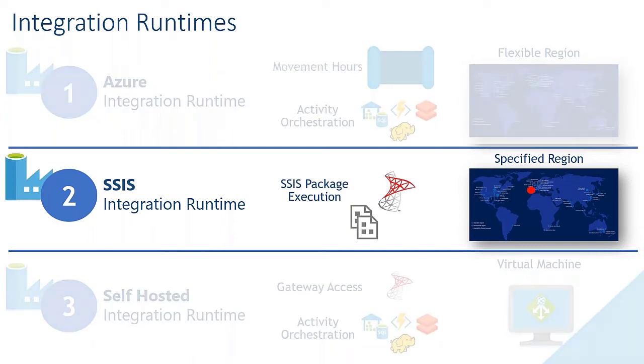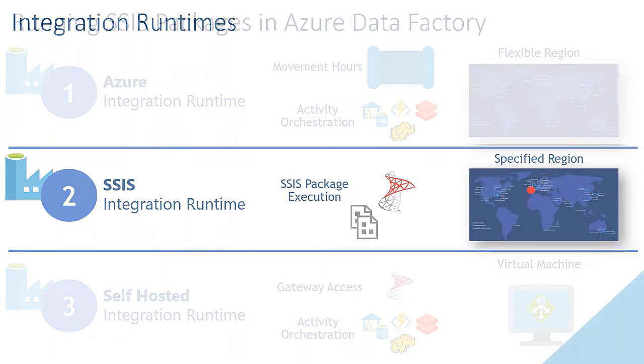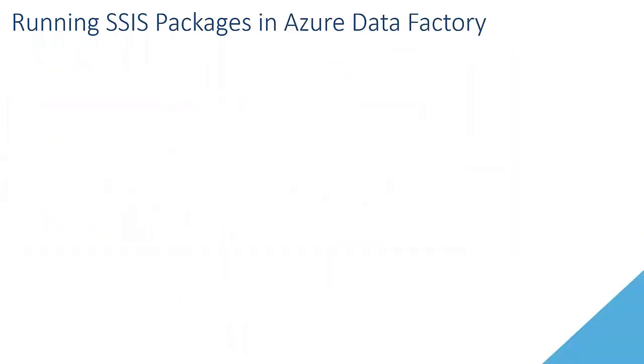But let's go into a little bit more detail firstly on number 2, our SSIS integration runtime. If I said to you, how do we run our SSIS packages in Data Factory? Because we could have invested a lot in our SSIS packages on premises, and we want to lift and shift them into Azure. We could do that with a virtual machine running SQL Server if we wanted.